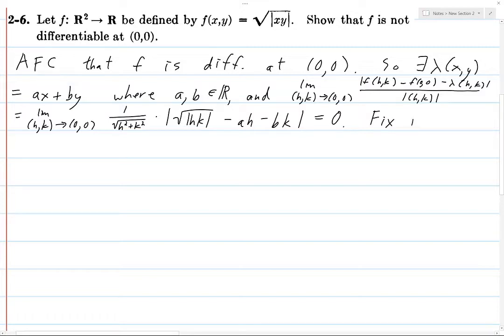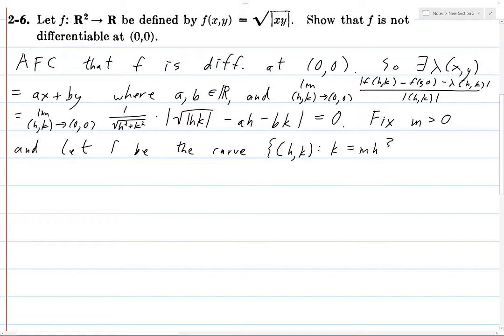Fix some number m greater than 0, and let gamma be the curve of points given by (h, k), where k equals m times h.